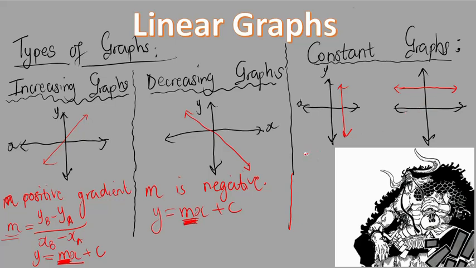But just know that here m is undefined, and here just know that m is 0. For horizontal constant graphs, your m is 0. For vertical constant graphs, your m is undefined. We good? But you will get to understand these things sooner or later.